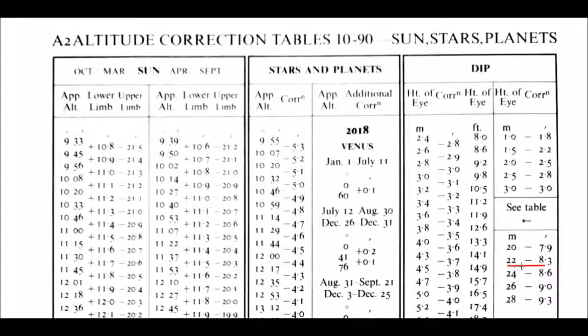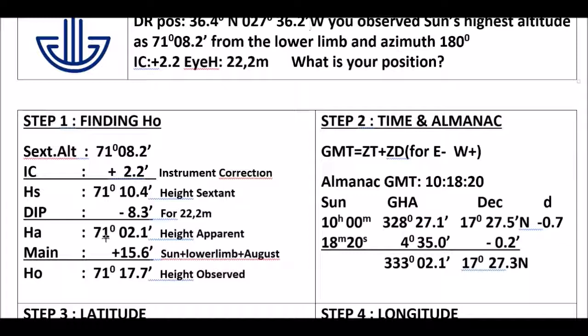This 22.2 is very close to 20, no need to make a calculation. I am taking as dip correction minus 8.3 minutes. And now we found the apparent altitude, 71 degrees 0.2 minutes.